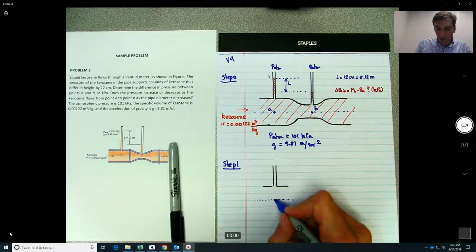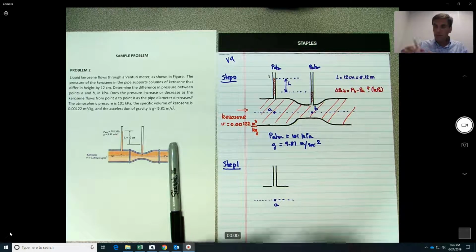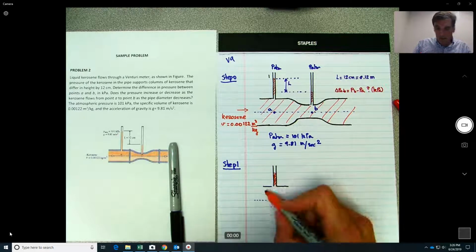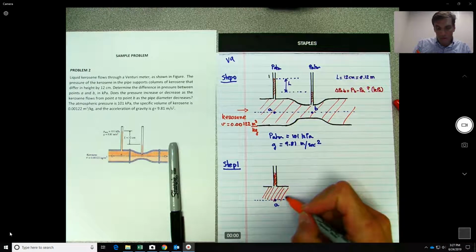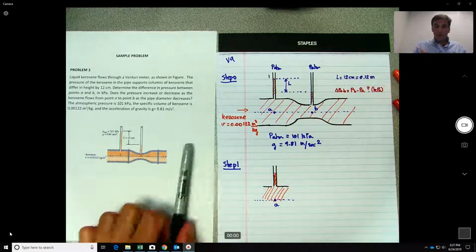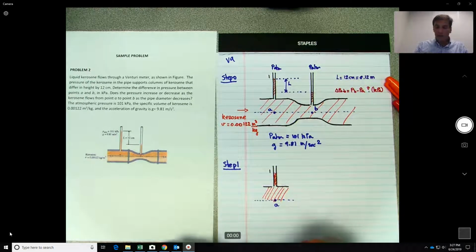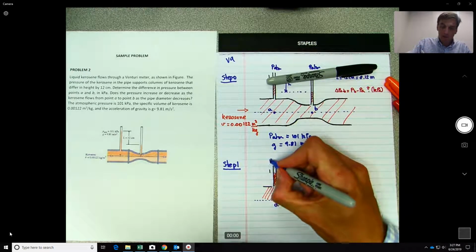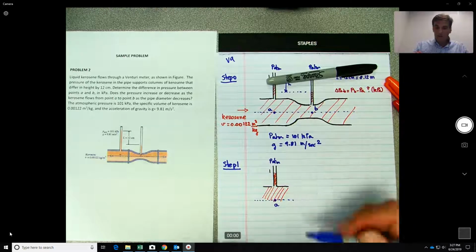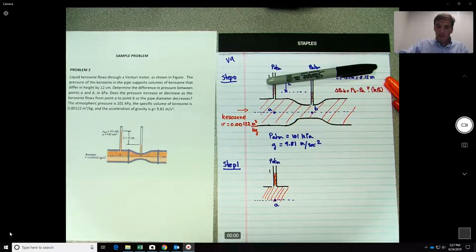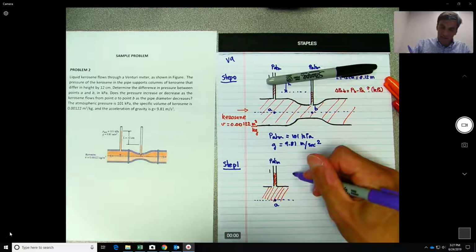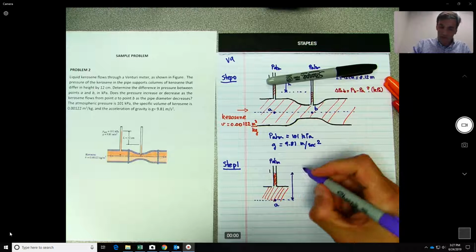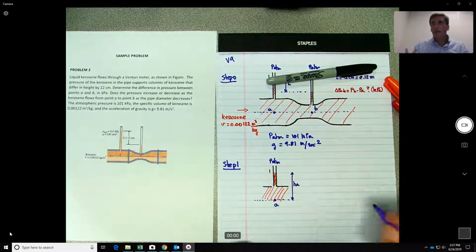Just say point A will be right here. Okay, this will be our point 1. We know this is P atmosphere. Okay, and let's call all that distance over here H sub A.